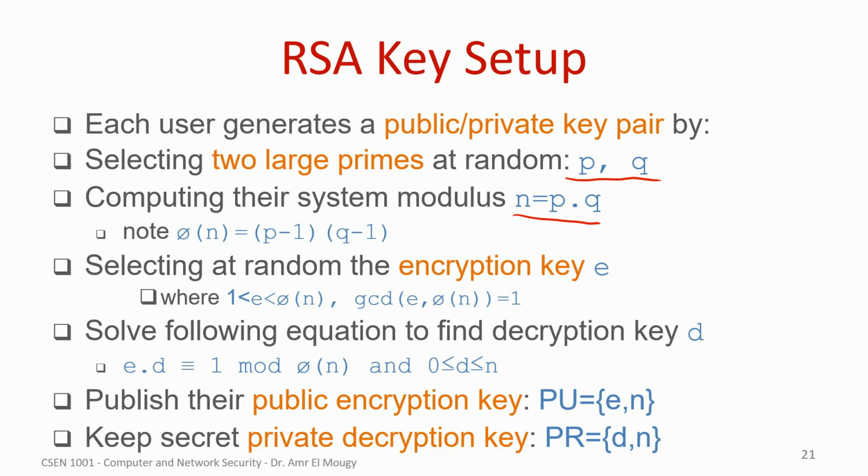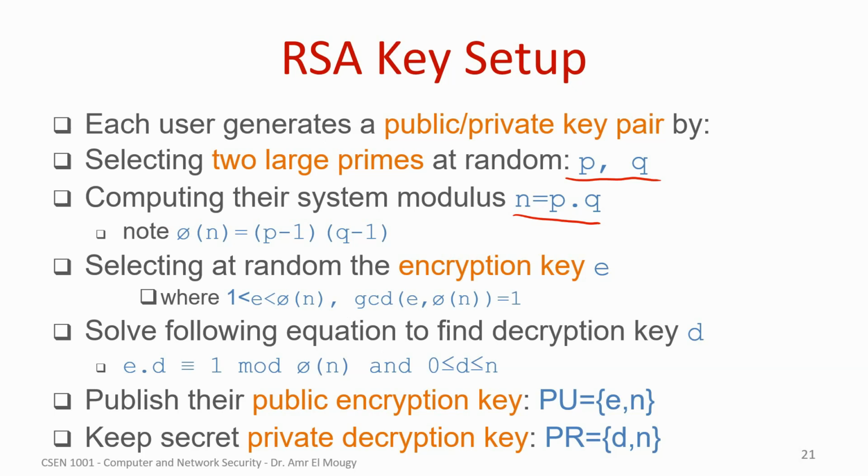Any 2 prime numbers would work, but for the algorithm to be secure, you have to choose P and Q as very large prime numbers, and by very large, I mean on the order of 1024 or 2048 bits. If n is equal to P times Q, there is something called the Euler totient, which I'm going to discuss in the next slide. Phi of n is equal to (P minus 1) multiplied by (Q minus 1).